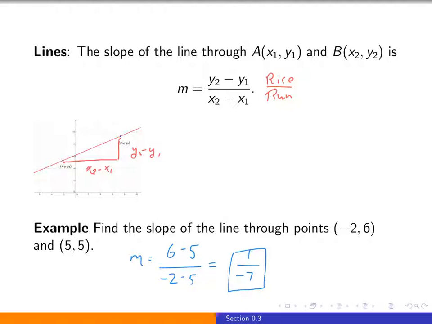One thing to be careful of is to make sure when you're using this formula that in the top here we've done 6 minus 5, so y2 minus y1. We have to make sure that we use the points corresponding to the same x coordinates in the bottom. That is, we have to divide by -2 minus 5. So be very careful of that.